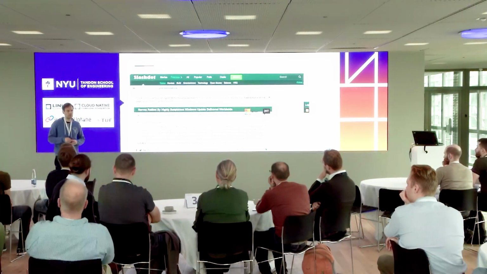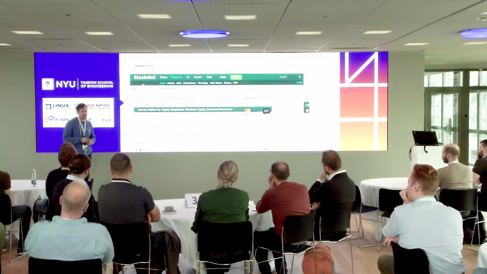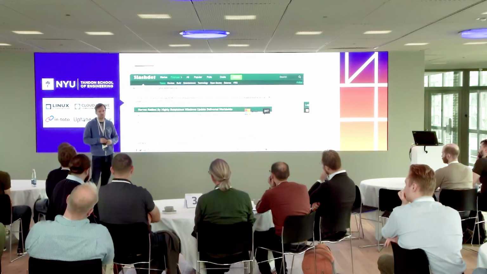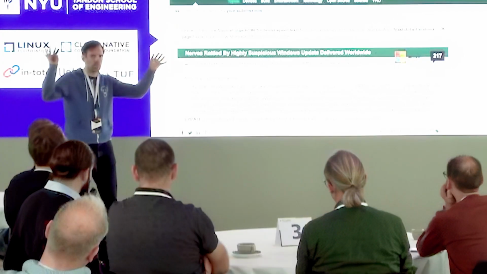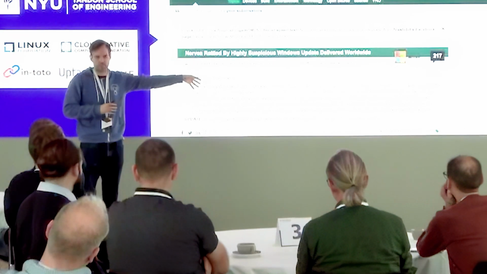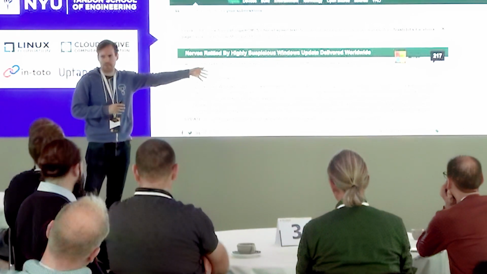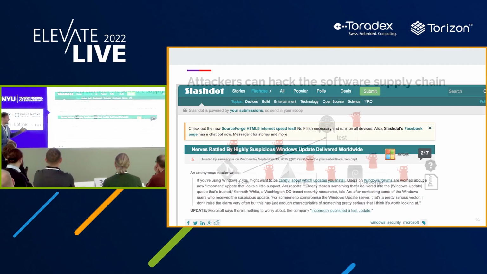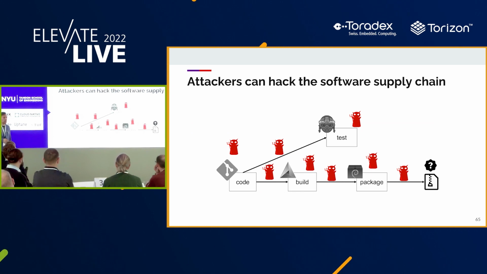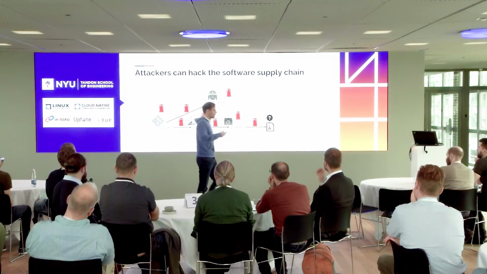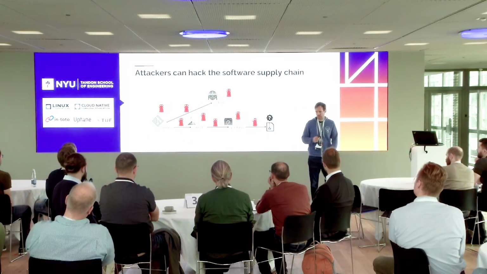So when Microsoft pushed an update that only seemed to go to Kazakhstan and a couple other countries, people were very suspicious that this meant that Microsoft was intentionally letting Kazakhstan backdoor their users in some terrible way. But they said, no, it was just a mistake we made. Sorry. And then 2 weeks later, they did the same thing with different countries. So maybe it was actually a mistake because they may have screwed up twice. But yeah, so this happens, and it's happened to Apple and other companies like that too. So it's not unbelievable. So hackers can and will and have broken into all sorts of different parts of the software supply chain over time.